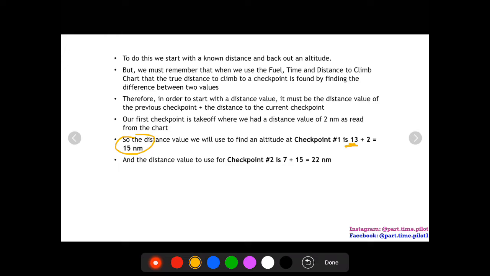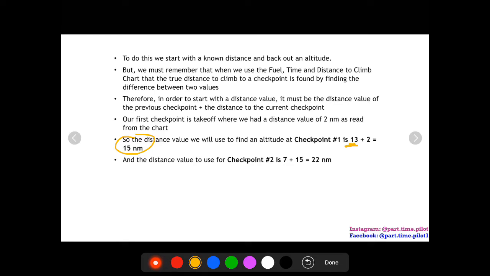So we will use 15 nautical miles to back out the altitude, because 15 minus 2 gives us 13.